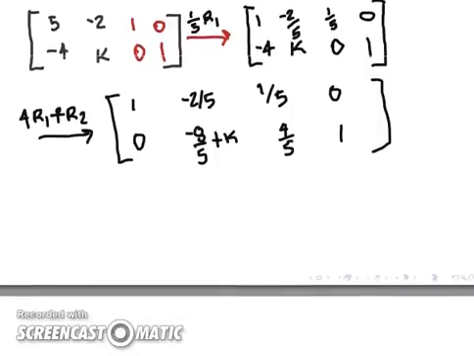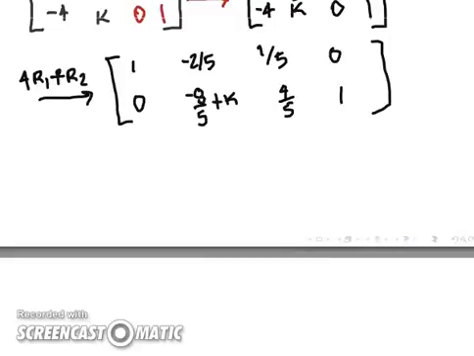To continue with this calculation, what we would need to do is create a 1 on this position, and to create a 1, whatever expression we have there, we would divide by that number. So the key here is to realize that in order for us to divide and still have a number, the requirement is that this number is different from 0.